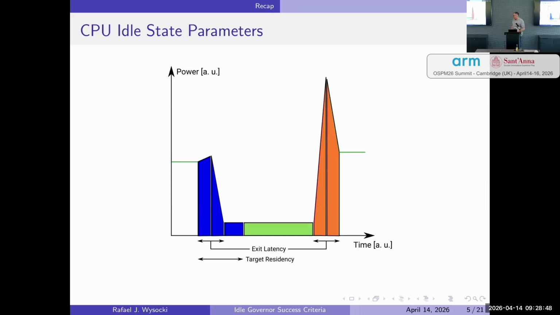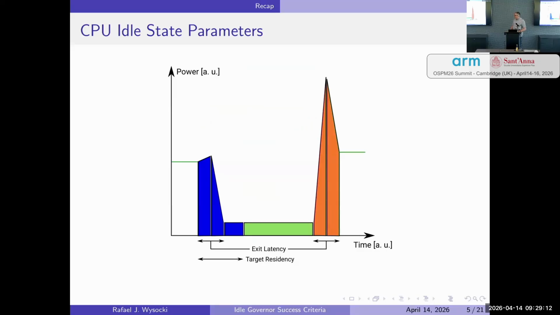So there are two parts of the exit latency, an entry part and an exit part. The entry part is the part when the hardware is configured to reduce power, and the exit part is obviously the part when the hardware is configured to start working again, so that the CPU can execute instructions again.